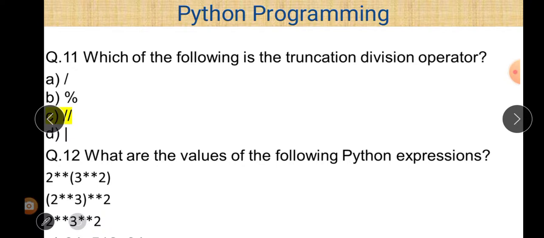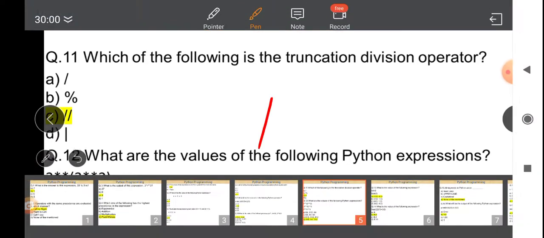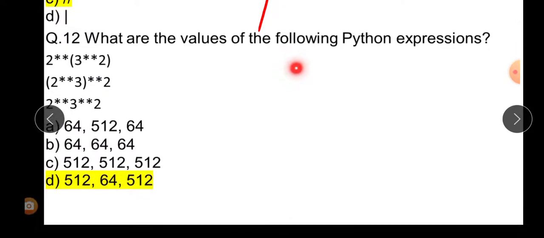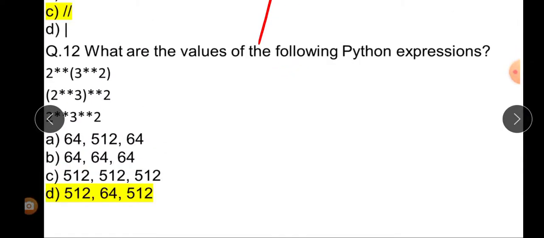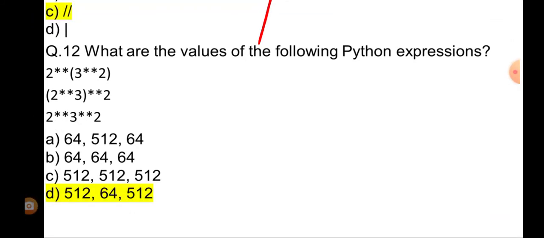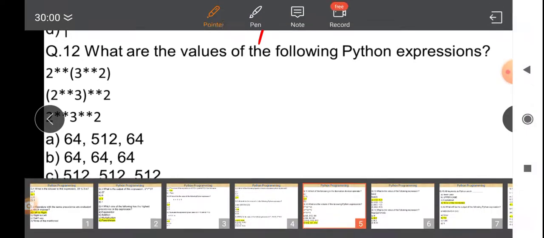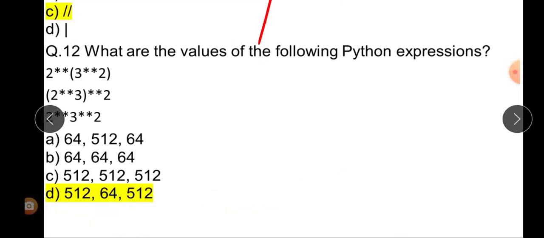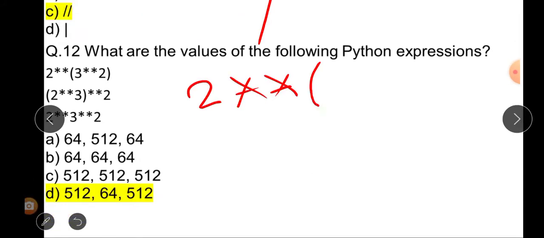Okay, so let us take 2 double star, meaning the exponent operator, then the double star sign is again repeated.